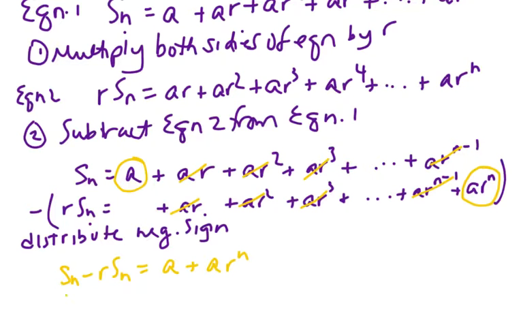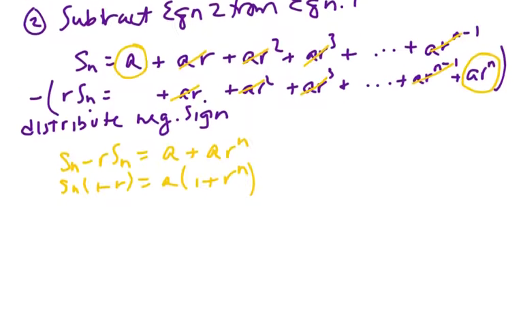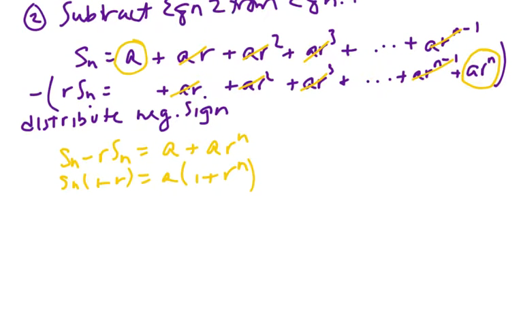And let's factor out like terms, and I get Sn times (1 minus r), and I'm going to factor out an a, and I get a times (1 plus r^n). Solving for Sn, I get the formula a times (1 plus r^n) over (1 minus r).